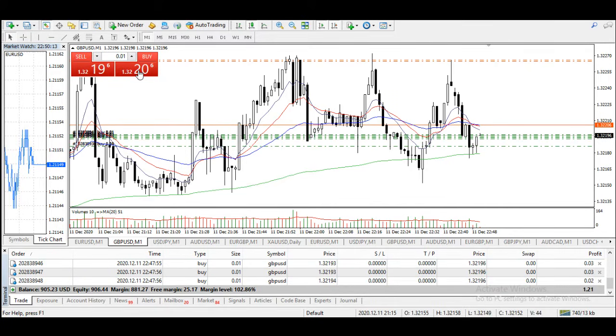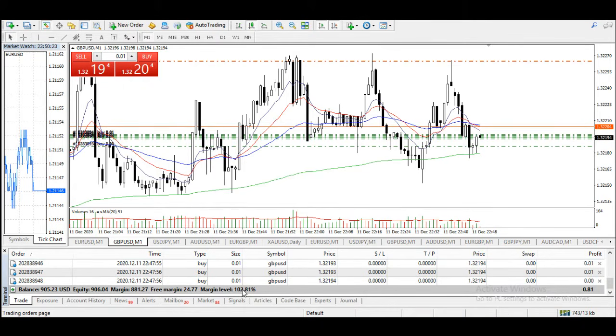You can see my margin level is 100%, so I cannot buy anymore. I have decided to trade from a very small and tough account which has very low leverage and very high commissions, in order to show you that it's all about the trader and not about the account type.